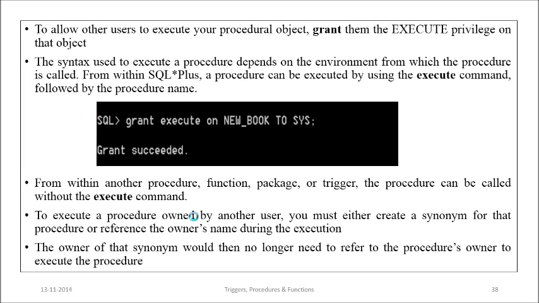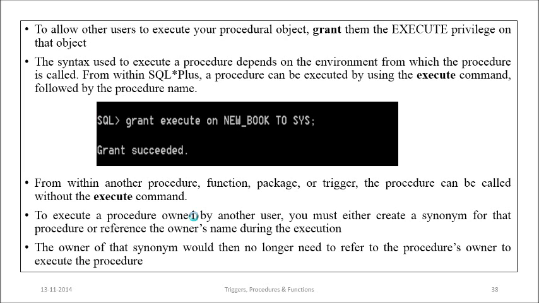So we are just giving them grant execute on the procedure name to the name of the user. Then from within another procedure, function, package or trigger, the procedure can be called without the execute command. For example, in the trigger we simply call the procedure by using the call statement: call procedure name followed by the arguments.